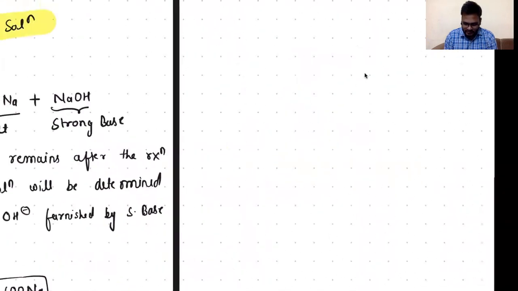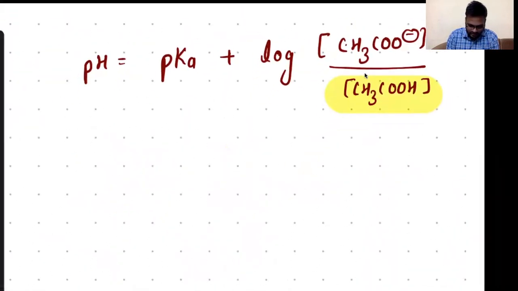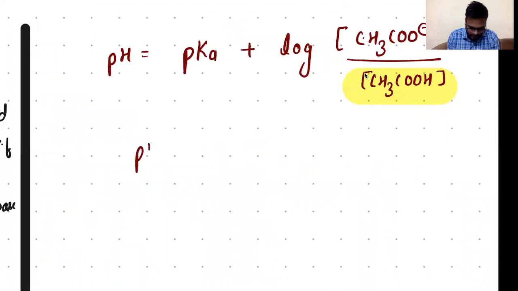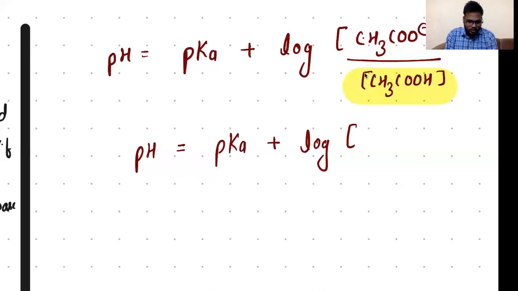So in the expression, if we want to generalize it, the pH of the solution can be determined as pK of the weak acid, no, it is pK of weak acid, then log of the conjugate base. The conjugate base is coming from two electrolytes, but the conjugate base coming from the weak electrolyte can be ignored.